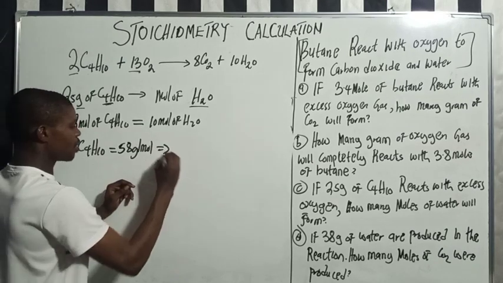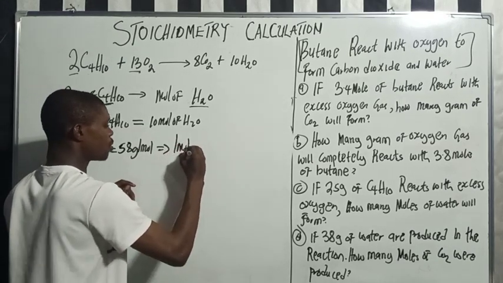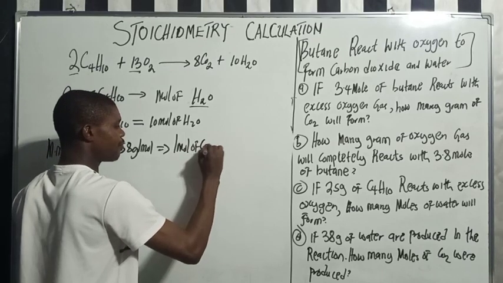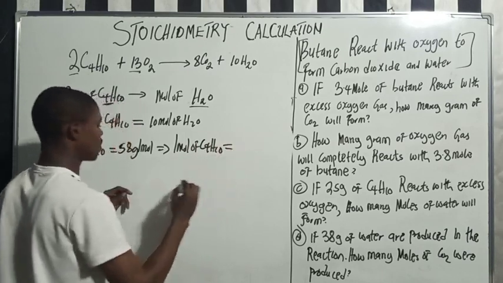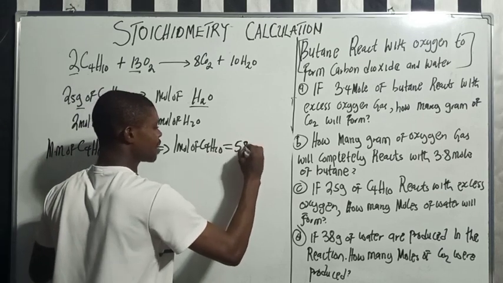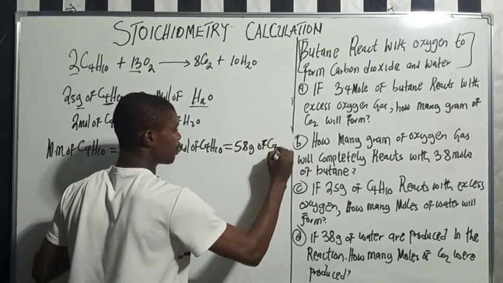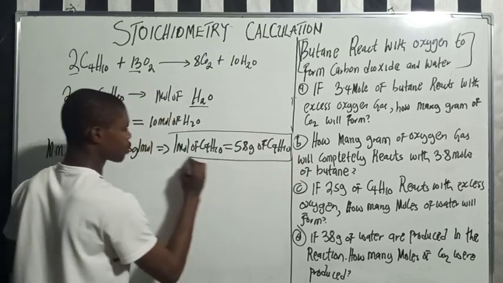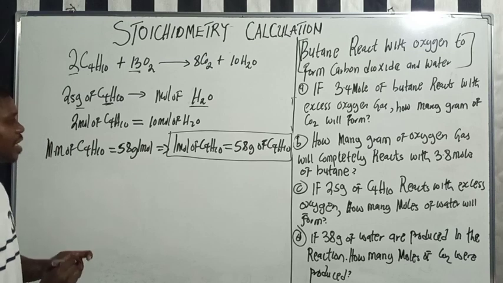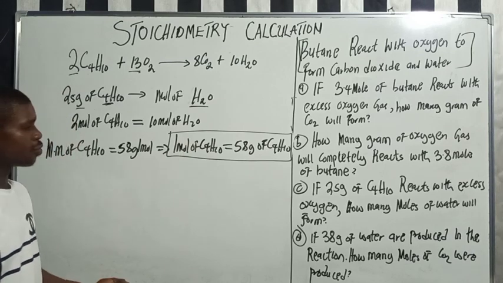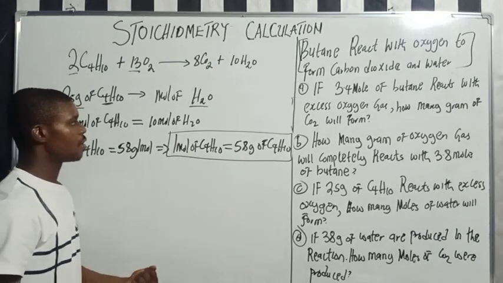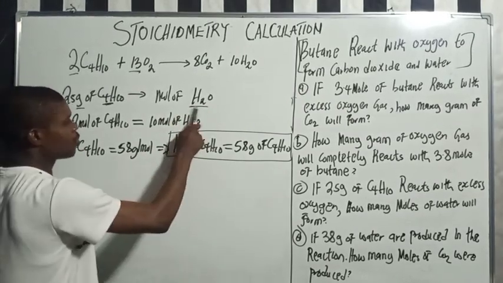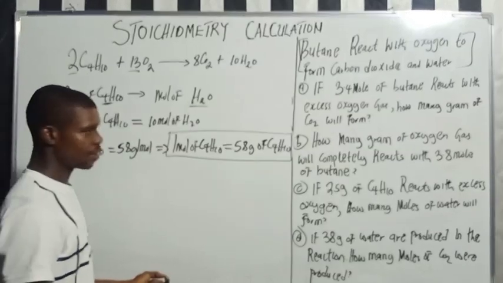For every 1 mole of C4H10 there are 58 grams of C4H10. You have to take note of this one here. This is what you are going to make use of. Because we are not converting to mass of water, there's no point in calculating the molar mass of water.